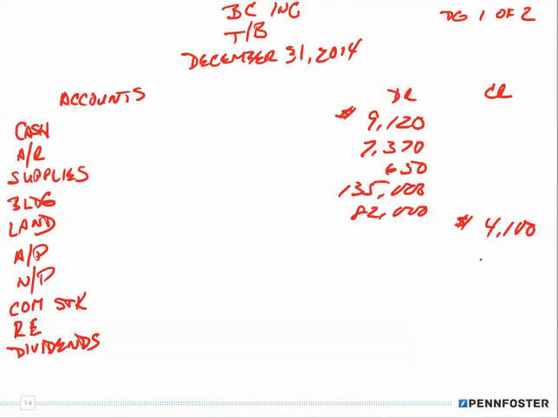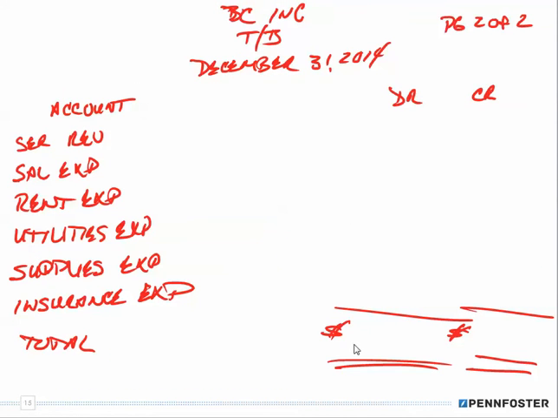So I put the dollar sign and the 4,100. For the note payable, I have 85,000. For common stock, I have 120,000. For the retained earnings, I have 12,320. For dividends, I have 15,000. That's a debit. For the revenues, I have a dollar sign 101.7.